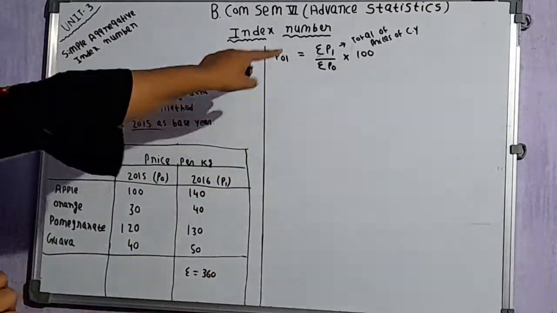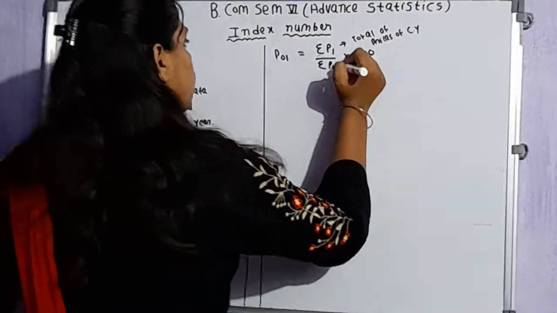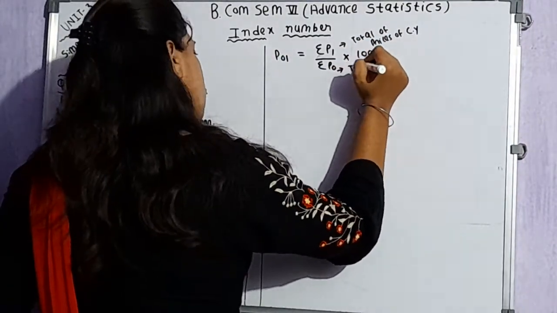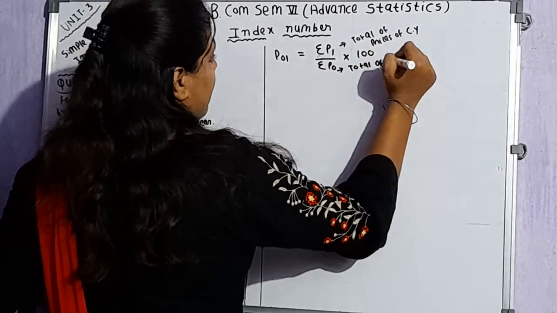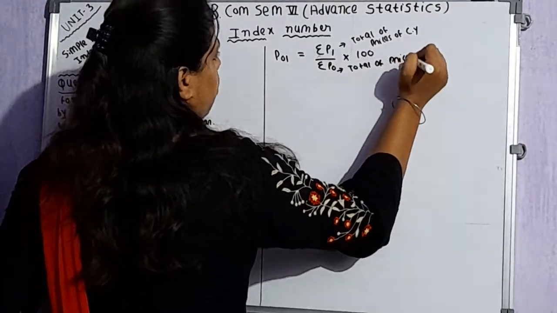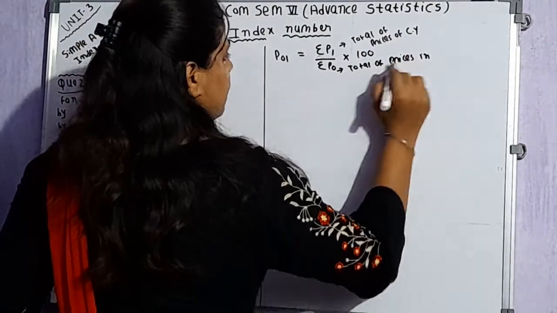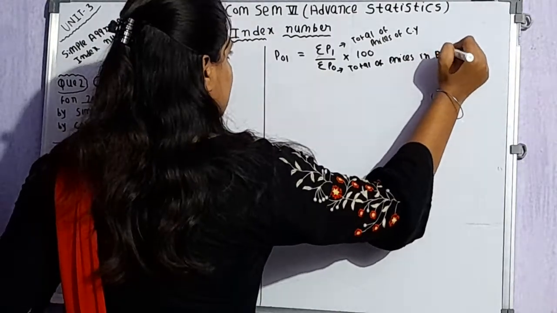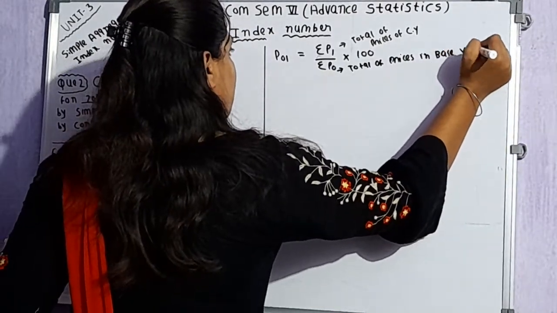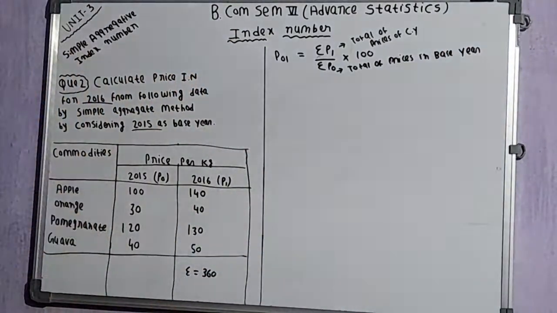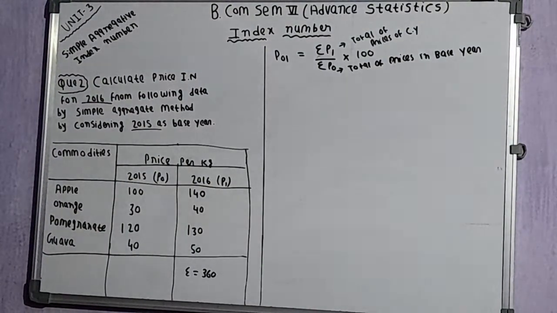After that we find summation P0, the total of prices of the various commodities in the base year. So we add the prices of 2015 for the given commodities.